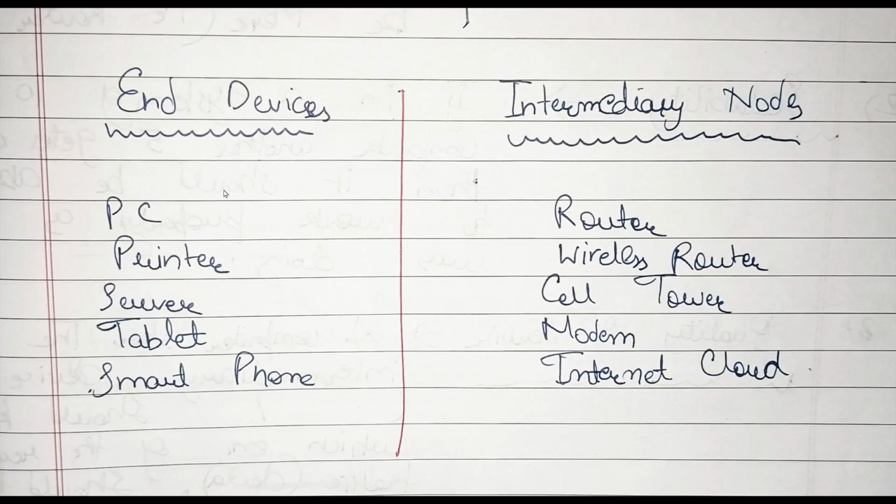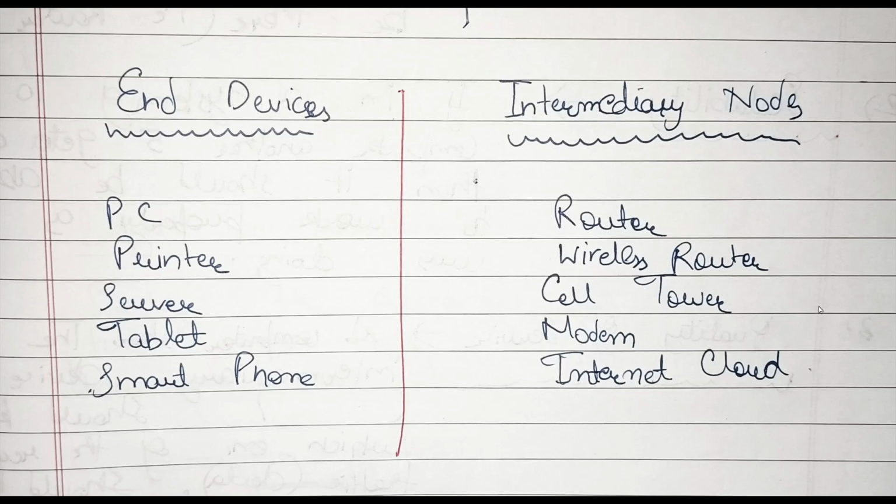Now what are these intermediary nodes? Looking at the devices included in this category, we can figure out that these are the devices via which the actual communication is made possible between those end devices. Suppose you have to send a message. You are not directly connected to the other person's mobile with the help of a cable or something like that.